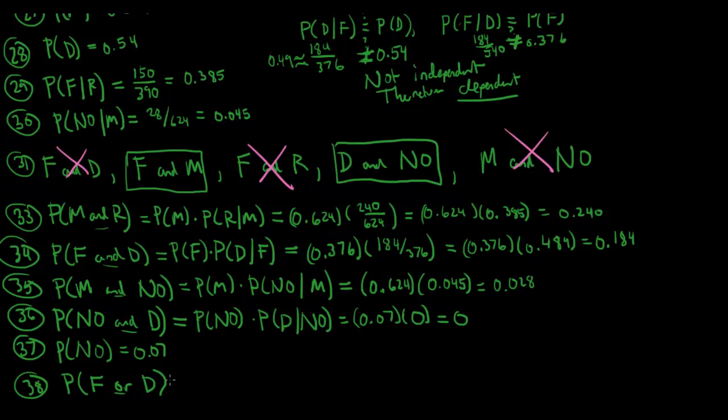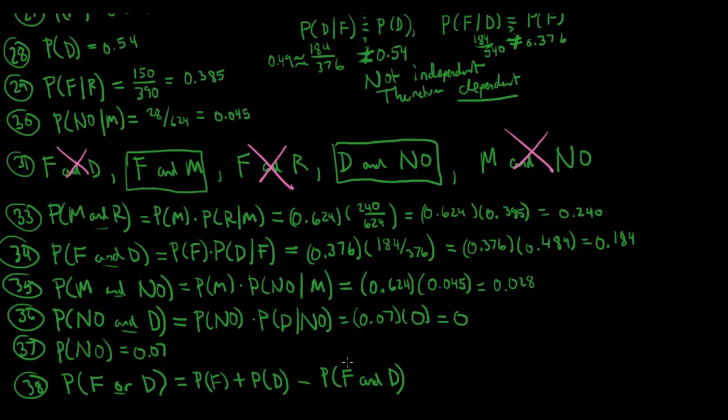Now, remember, what's the method there? The probability, it's called the union of these two events, is the sum of the marginal probabilities, so the probability of female plus the probability of Democrat, which we know those two things already. Those are marginal probabilities. But you have to subtract off the joint probability. So the probability of female and Democrat.